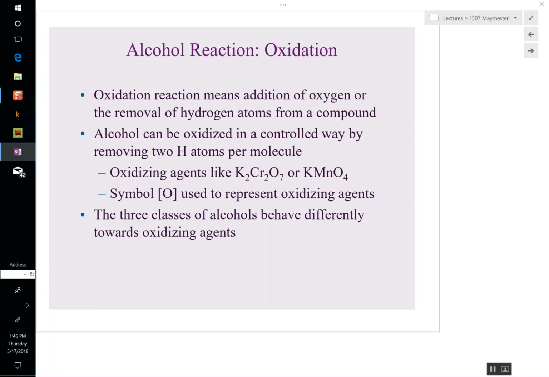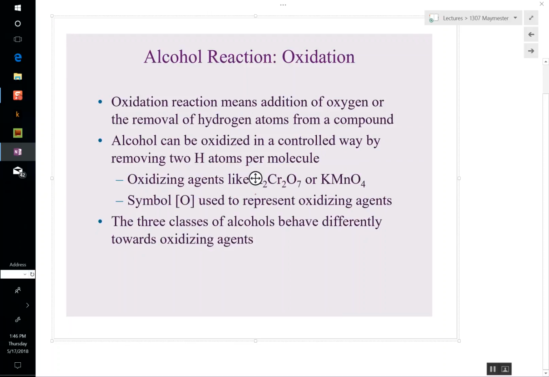Okay, now under the category of, okay, how do alcohols react? Not how do I prepare them, but how do they react? Well, one thing you can do with alcohols is oxidize them. Oxidation of alcohols. These are oxidizing agents. That's potassium dichromate. This is potassium permanganate.